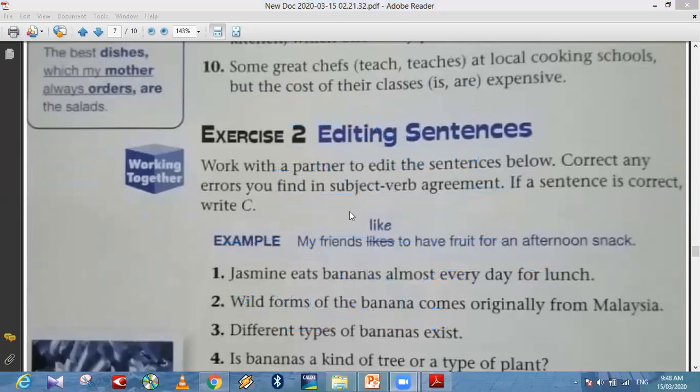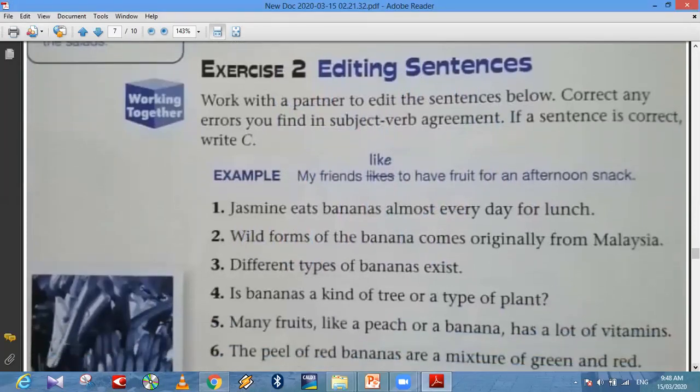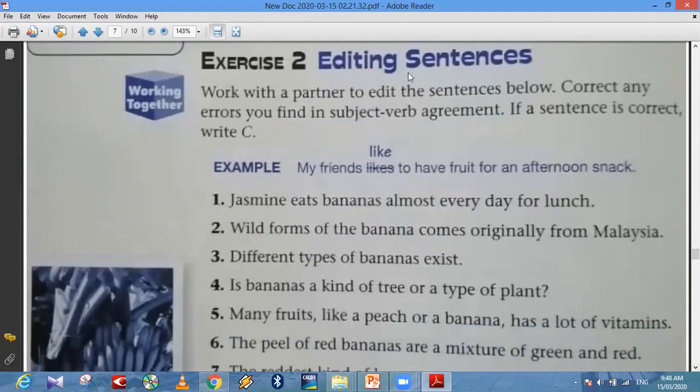Now move to the next exercise. Look at this question. Work with a partner to edit the sentences below. Correct any errors you find in the subject-verb agreement. If a sentence is correct, write C. Example, my friends likes.